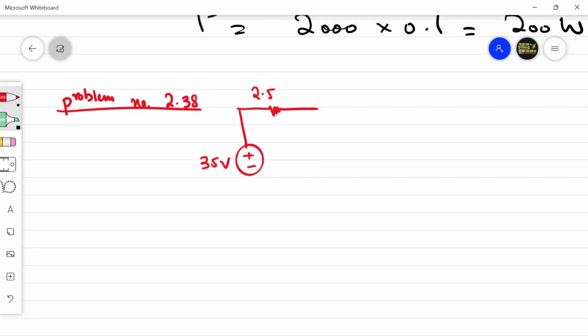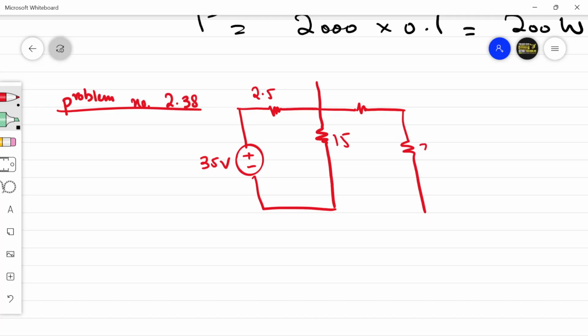We have 35 volts, 2.5 amperes. We have a 15 ohm resistor here. We have a 6 ohm resistor here. We have a 20 ohm resistor here. You have a 12 ohm resistor here. This is 6. This is 12. And there is an 80 ohm resistor here.